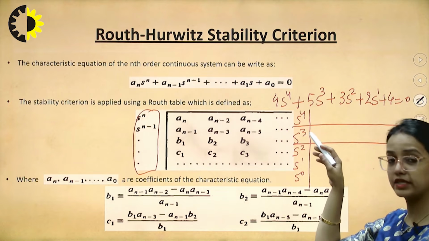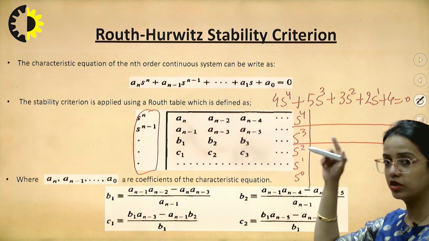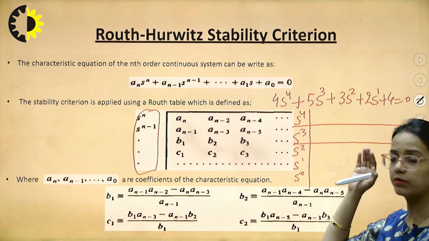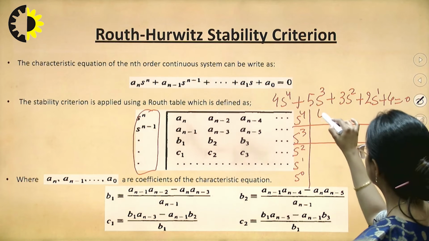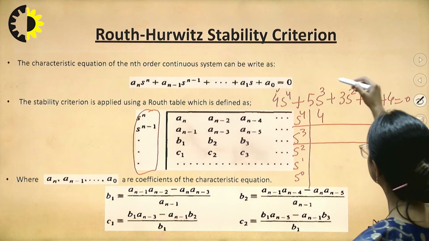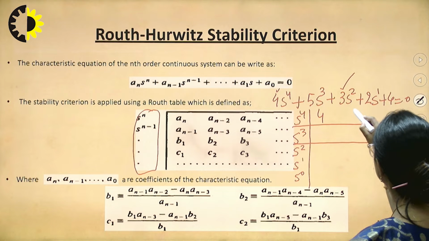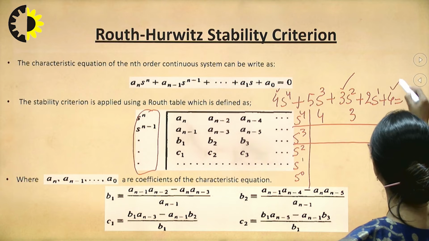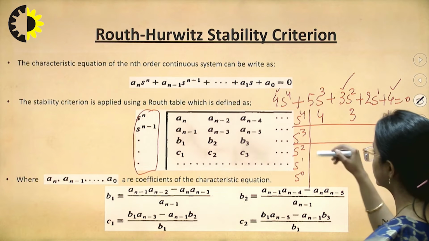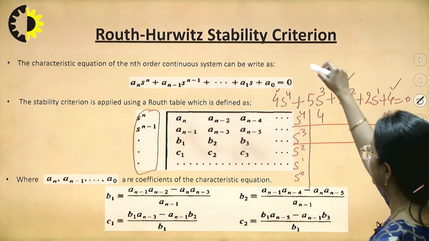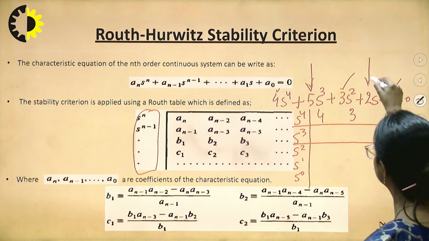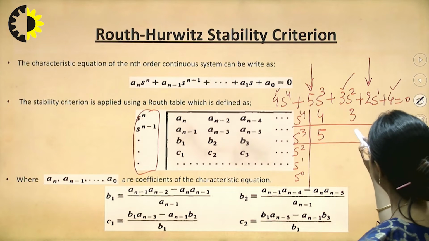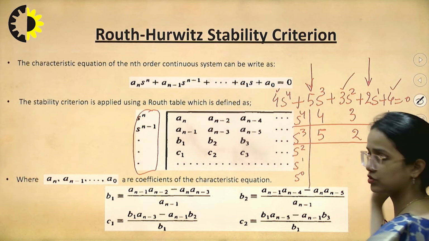Here, since s to the power 4 is even, the even coefficients will come: 4, 3, and then again 4. Next are the odd coefficients, 5 and 2. Then here we don't have any.